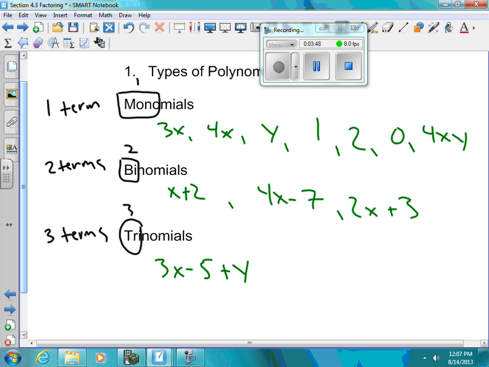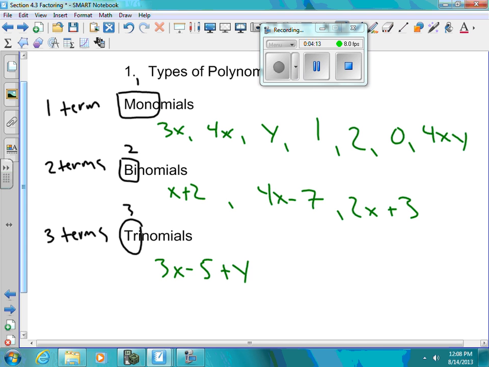There's a trinomial, 3 different terms. I can't combine any terms. That's a key thing too with the binomials. Somebody might say, well, what about 2x plus 3x? 2x plus 3x is not a binomial because I could add the x's together. So you should clarify that it's something where terms cannot be combined. There's no like terms. I can't add x and y together with 5. Obviously, the x's or the y's are all different terms.